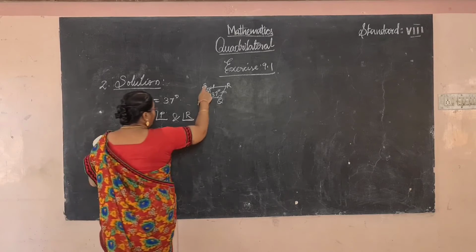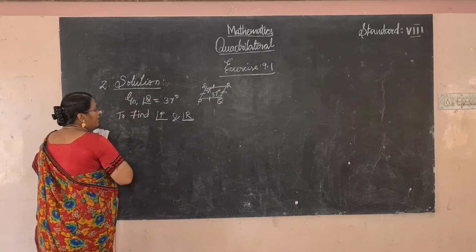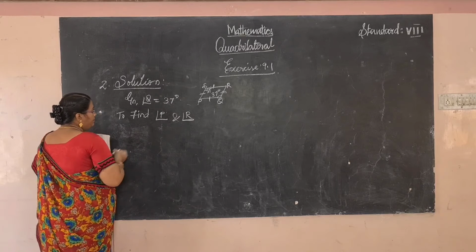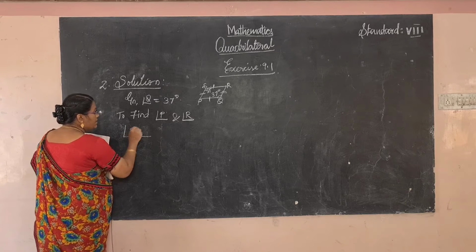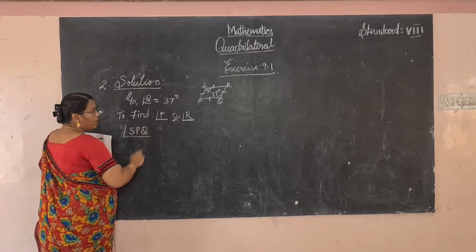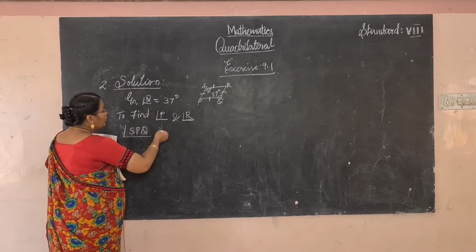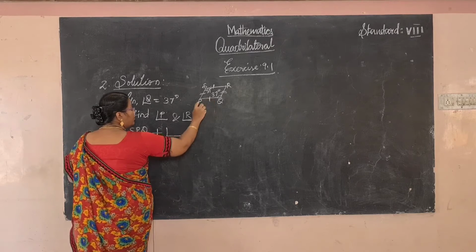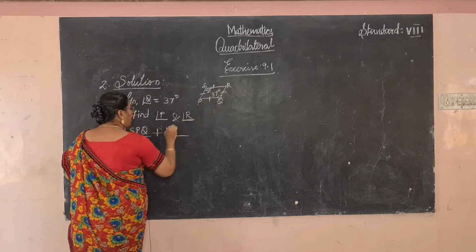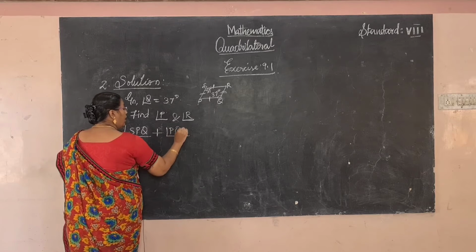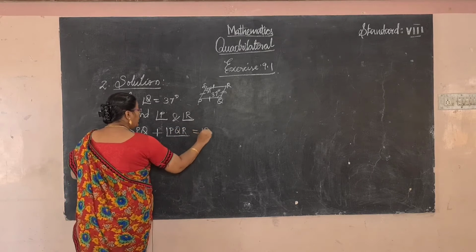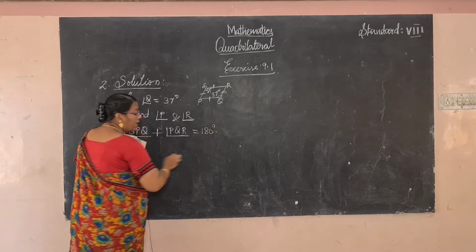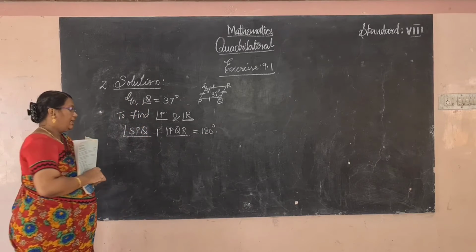Okay, adjacent angles. What are the adjacent angles from this diagram? Angle SPQ plus angle PQR is equal to 180 degrees. The sum of adjacent angles is 180 degrees.